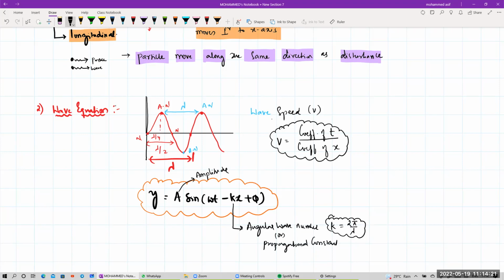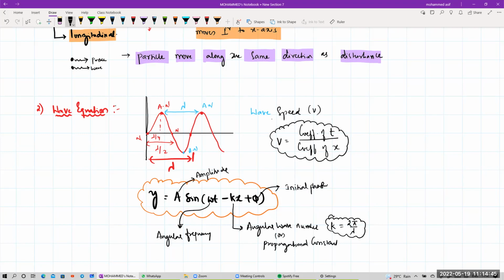What do you mean by phi? Phi is known as the initial phase. What do you mean by omega? Do you have an idea? Angular velocity, or angular frequency, as in circular motion.